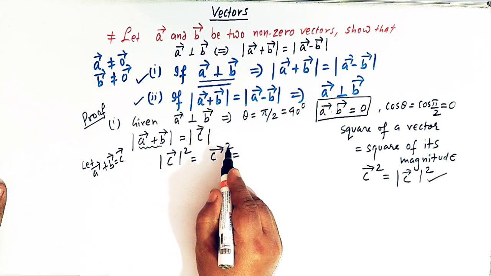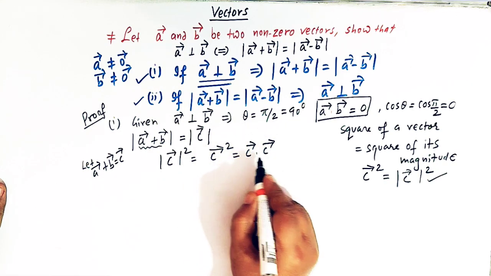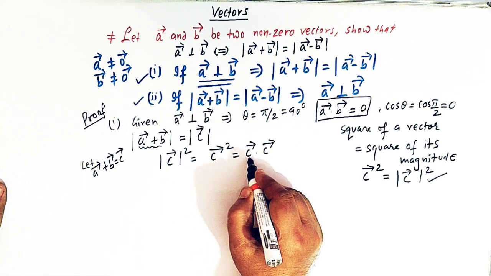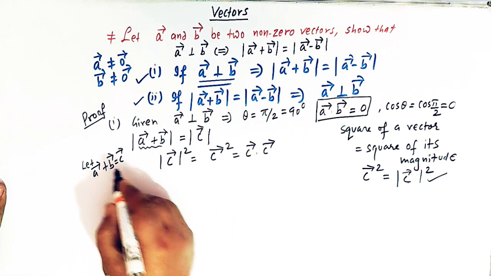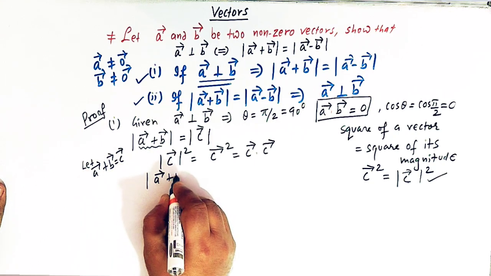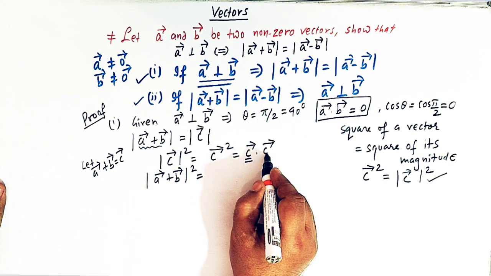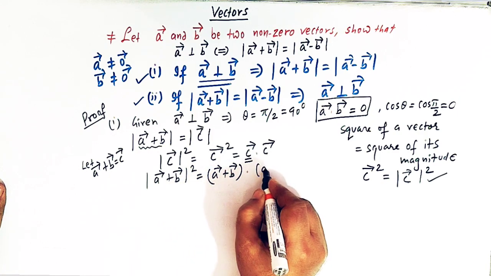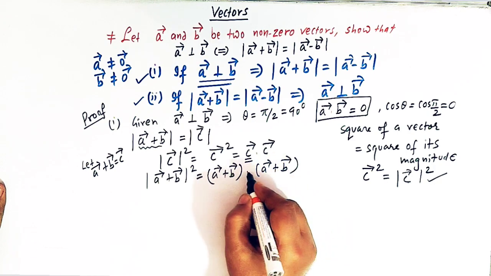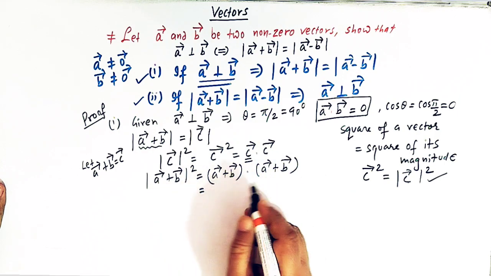And the square of the vector C may be written as the dot product of C with itself, that is C dot C. Now the vector C is A plus B, so we have the dot product of A plus B with A plus B. Let us take the dot product.